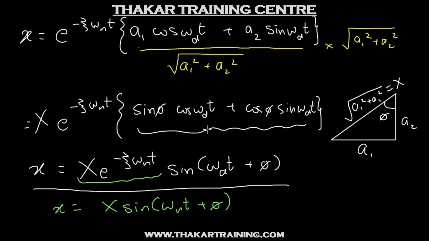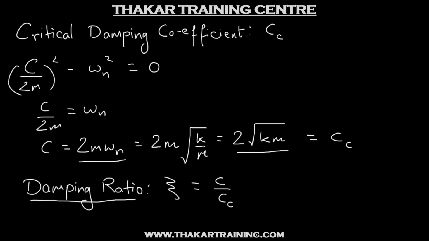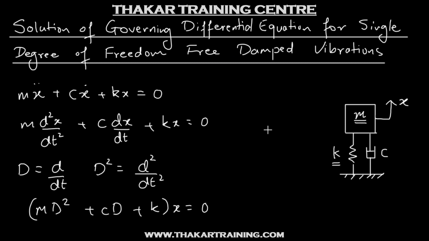Free damped system of vibration. Alright. So I'll just quickly recap whatever we have seen. For a given spring, mass and damping system, the governing differential equation is this. We rewrote it in the form of (m D square plus c D plus k) operated on x equal to 0.